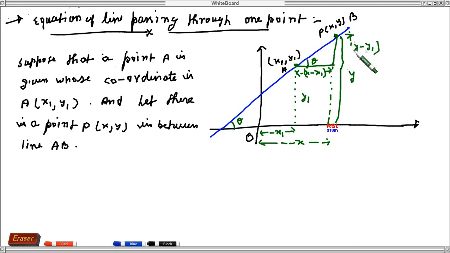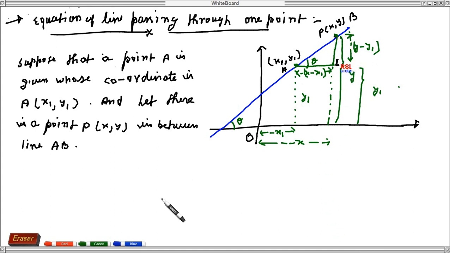If we subtract this from this, we get y minus y1 as the length of this, because this is y, and this is y1.